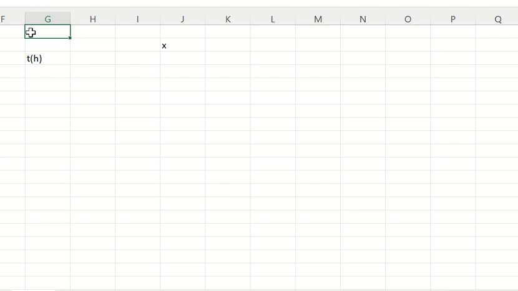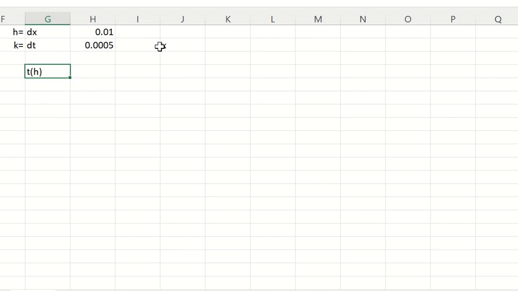Delta x, that is h, is equal to 0.01, and delta t, which is k, equals 0.0005.